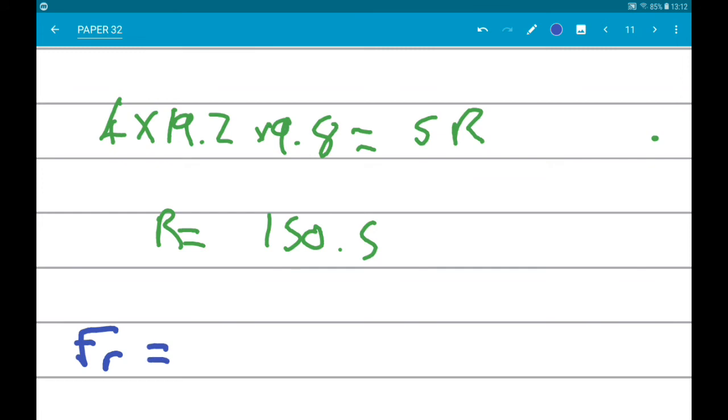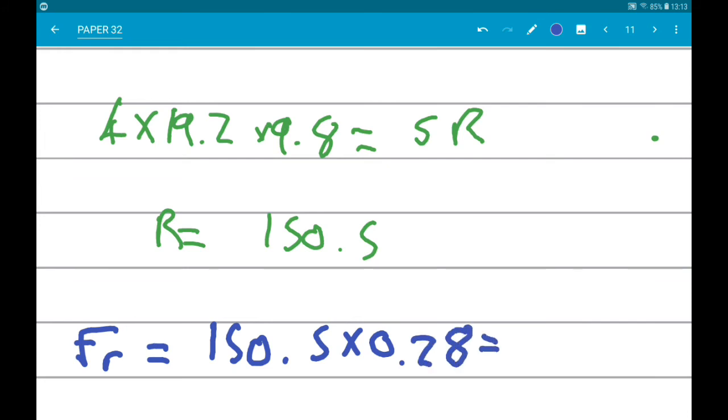So that's 150.5 times 0.28. See what that gives us. So that gives us friction as 42.1.